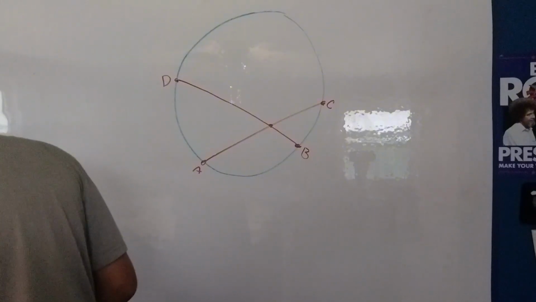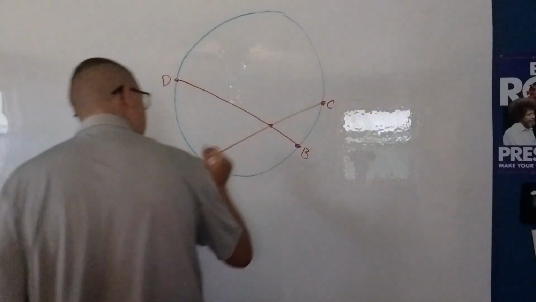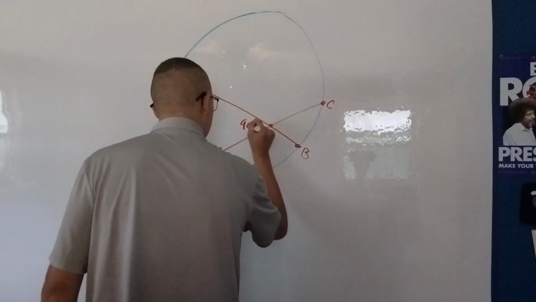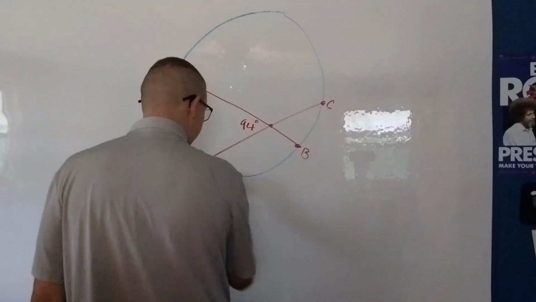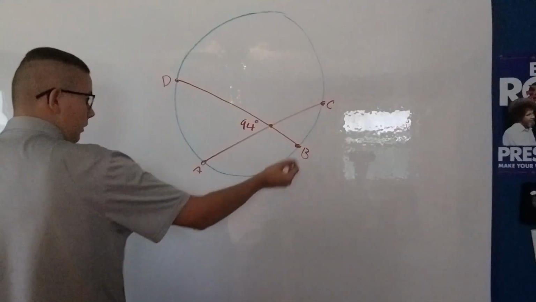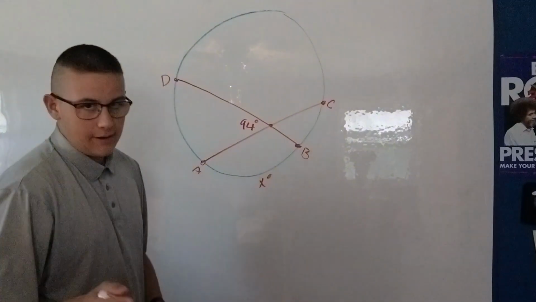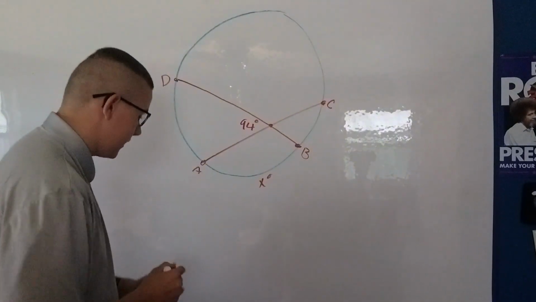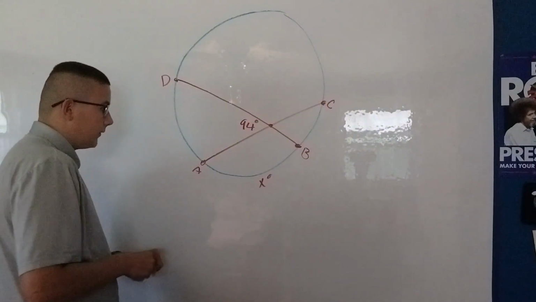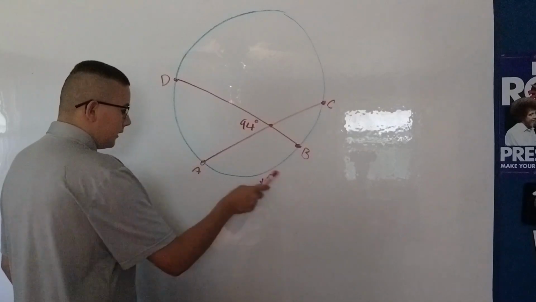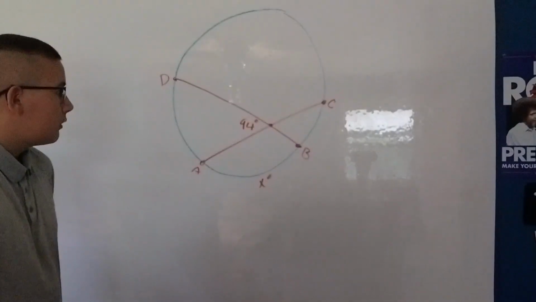And I'm told that this is 94 degrees right here. And you want to find the arc angle of AB. We'll call it X degrees. Not the arc length, but rather the arc angle. I apologize. So if you want to pause, try to figure that out. How do you find X here?